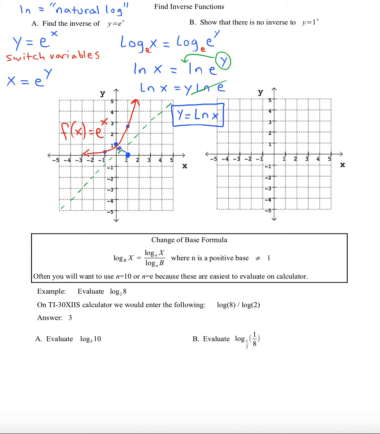We're actually just switching the x and y coordinates. Do the same thing for this point, switch the x and y, and the same thing for that point. Now we can sketch our inverse function. This is the function f inverse of x, which is ln x, the natural log function.